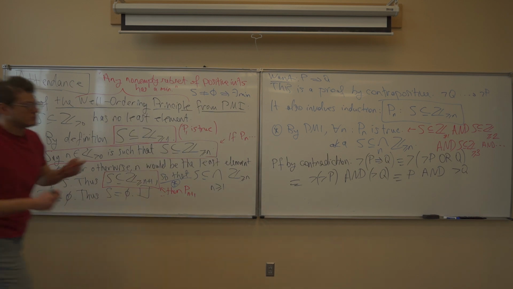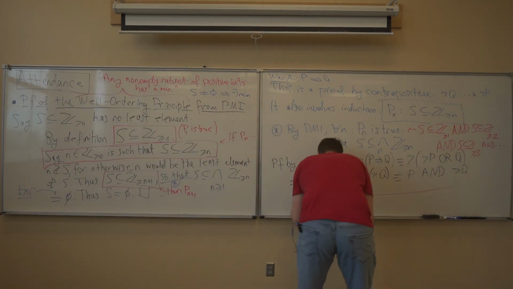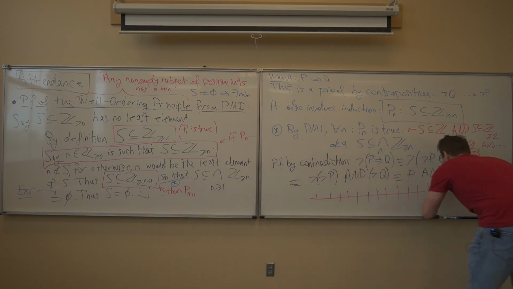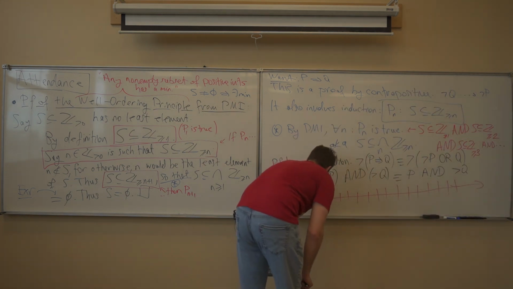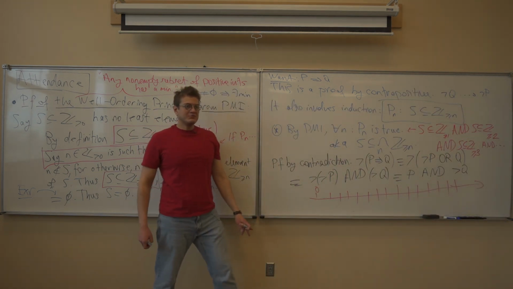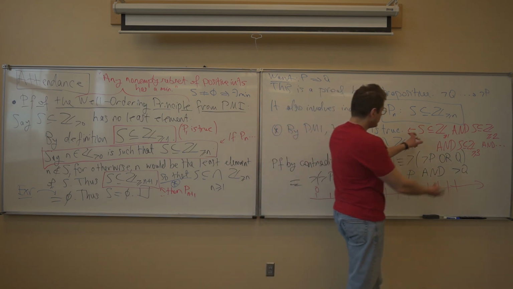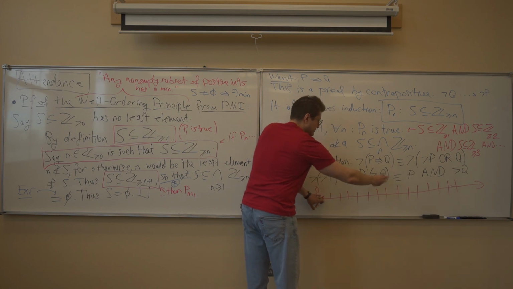So here is the real line, and I have all the integers. It goes on like this. This is 0. I assumed that my subset S is somewhere here, and then we realized that this is the same thing as saying it's after this.